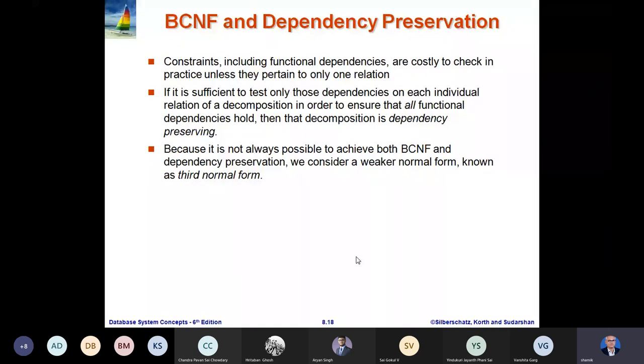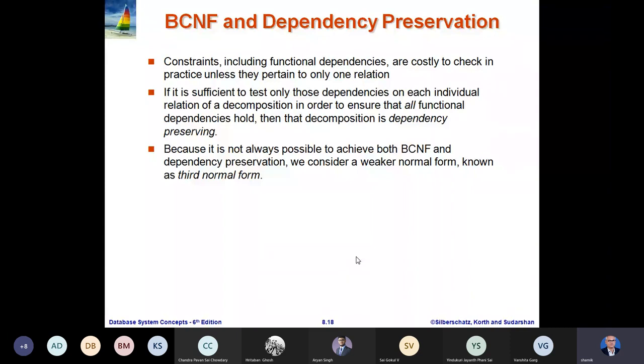But in order to achieve a BCNF decomposition from a schema which is not in BCNF, we might end up in a situation where the decomposition is not dependency preserving. Remember that dependency preservation is not directly related to the notion of lossless decomposition. Lossless decomposition is a primary requirement: we definitely would like a decomposition which is lossless, so that when we join them, we get back the original tuples in the original relation.